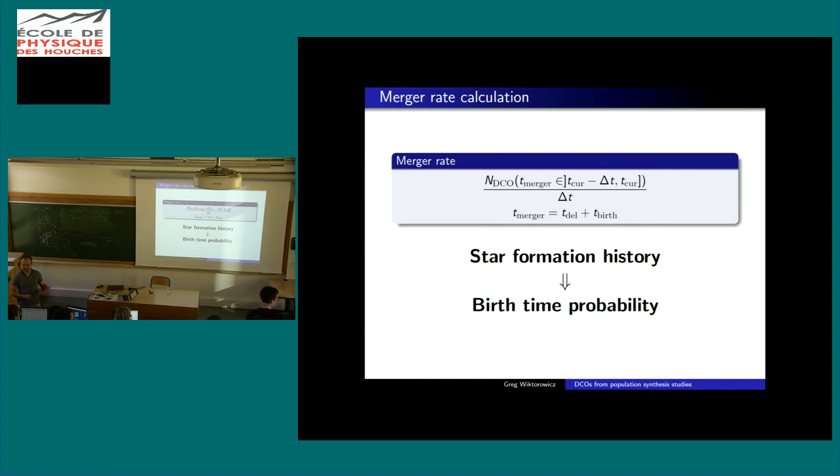So we need to sample this star formation rate either with a Monte Carlo method or calculate the probability for the birth time to be such that the merger time falls into this range. So either we use this Monte Carlo method for sampling star formation history, or we can calculate the probability. What's the probability that the system will be born in a time accurate for appearing as a merger for us?